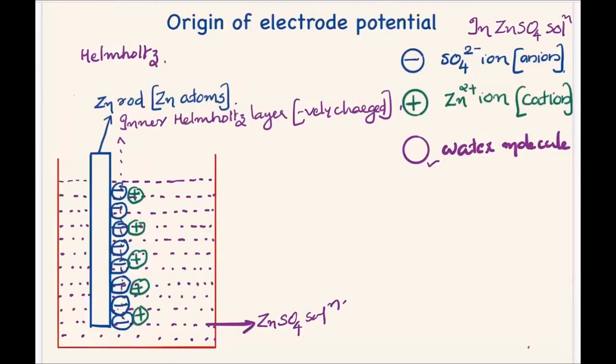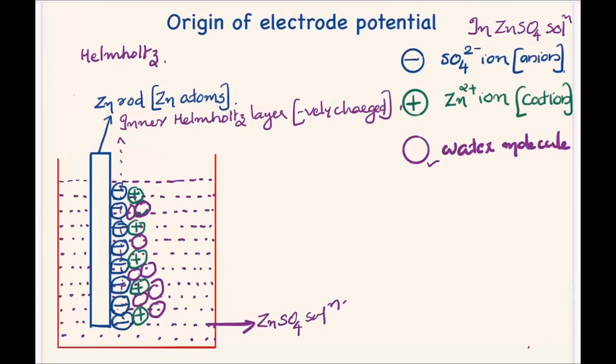When cations are getting adsorbed on the surface of anions, those cations will be solvated. That means water molecules will be there along with the positively charged cations, or we call those cations as solvated cations. The solvation term came because the water molecule is the solvent.